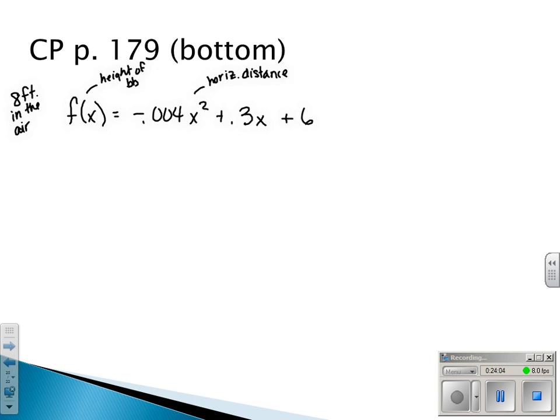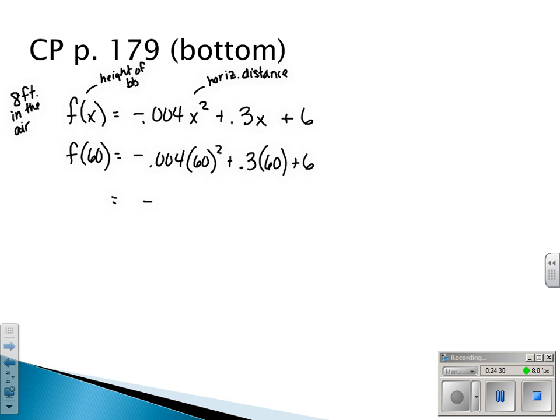All right, so if we're looking at a height with a distance of 60, we're trying to solve for f of 60 feet. All right, simplify. Plug all that into your calculator.